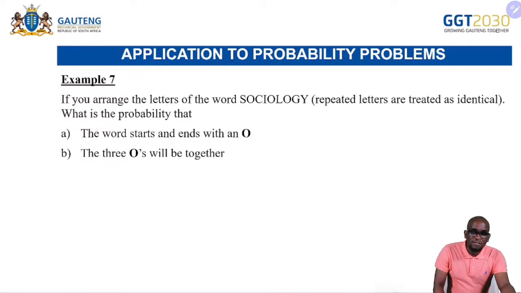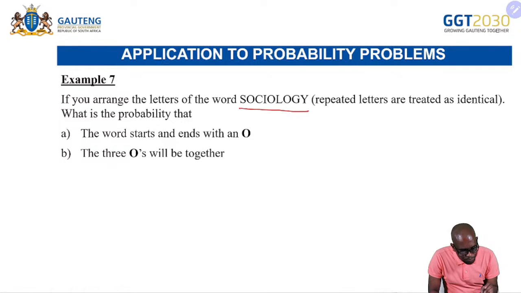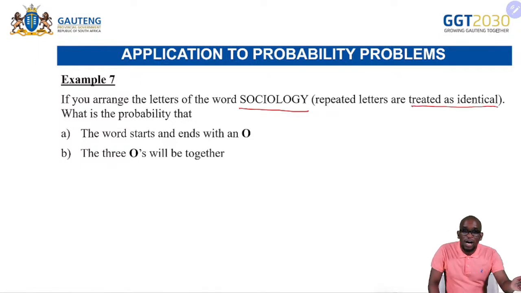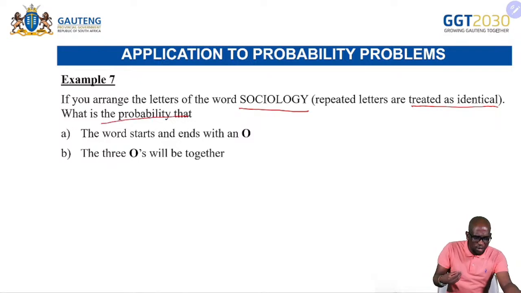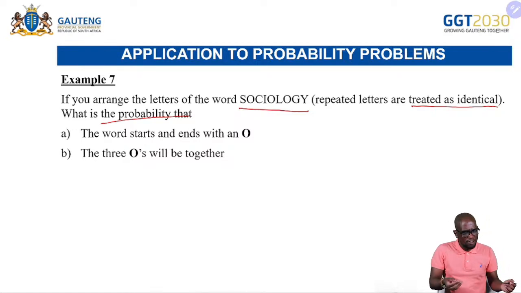So example 7: if you arrange the letters of the word sociology, repeated letters are treated as identical. That's very important. What is the probability that, you see, the question now, they are not asking about the arrangement. They are not saying how many possible letter arrangements you can have.